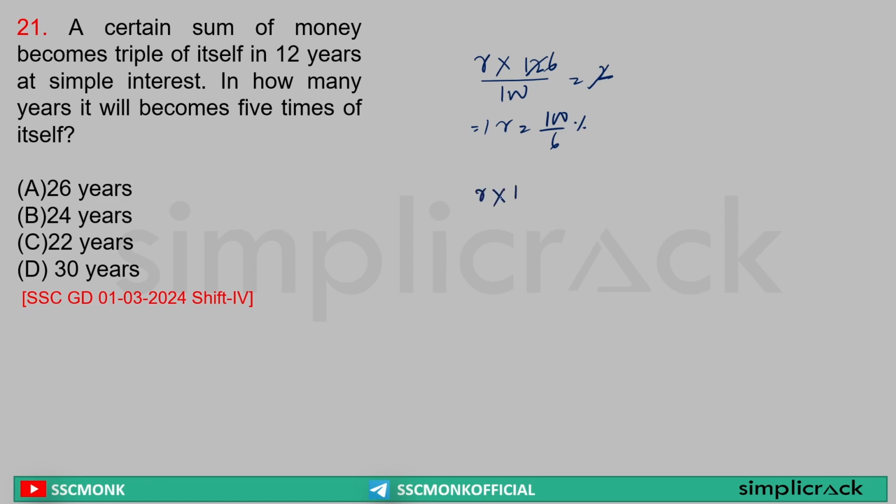So R means 100 by 6 into time period unknown divided by 100 is equal to 5 times, meaning 5 minus 1, 4 times interest. Sir, 100 crossed out, T by 6 is 4, T is equal to 6 into 4, that is equal to 24. So in 24 years the sum will be 5 times itself.